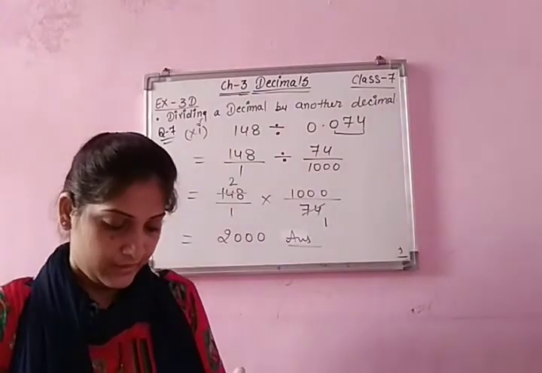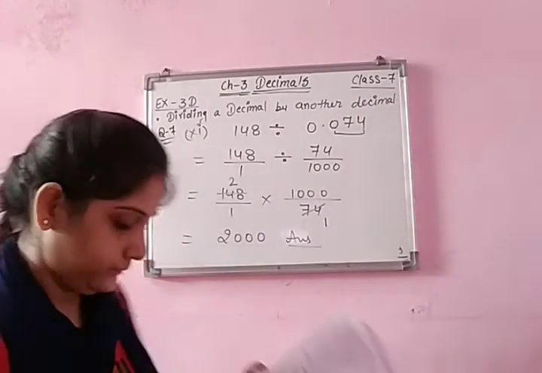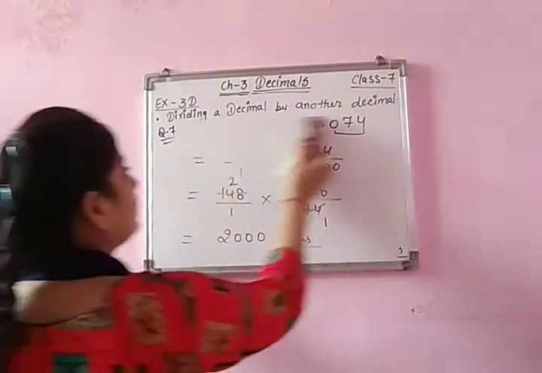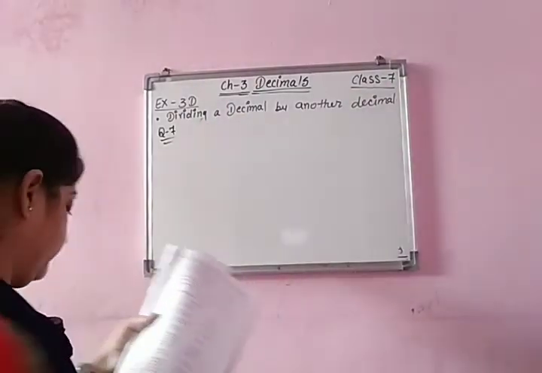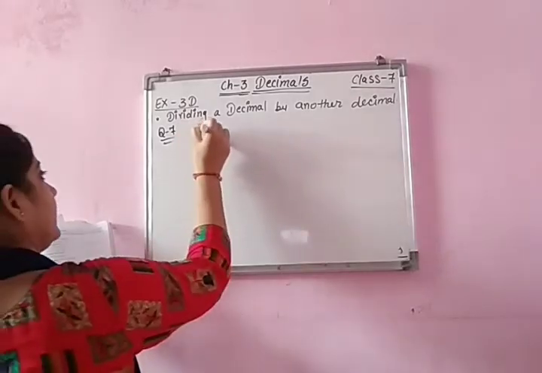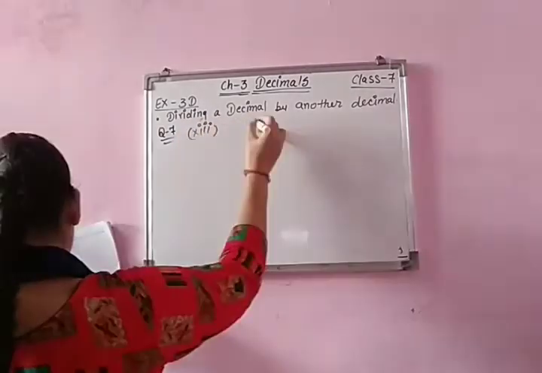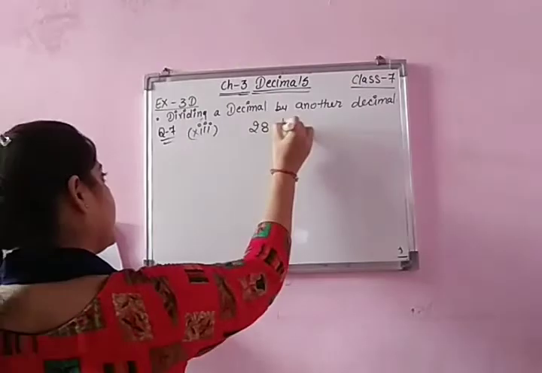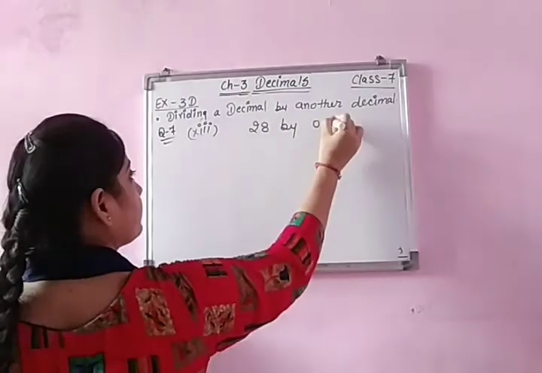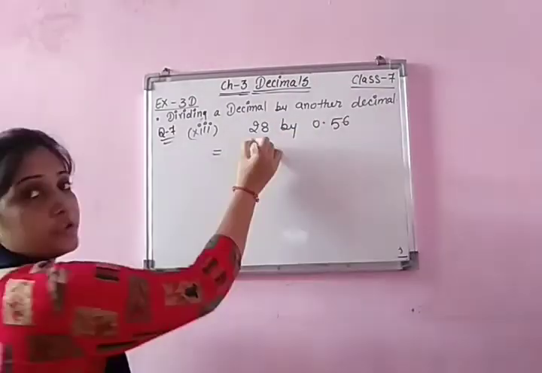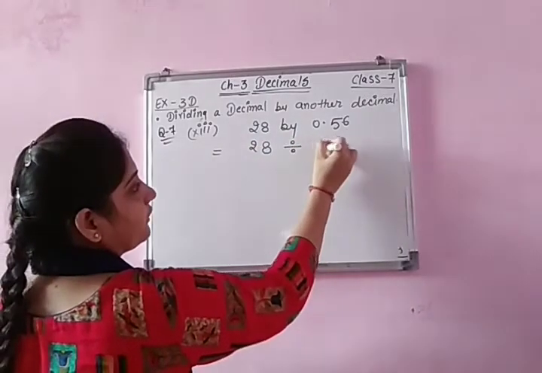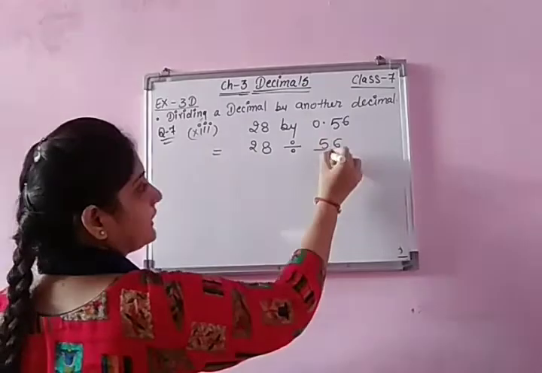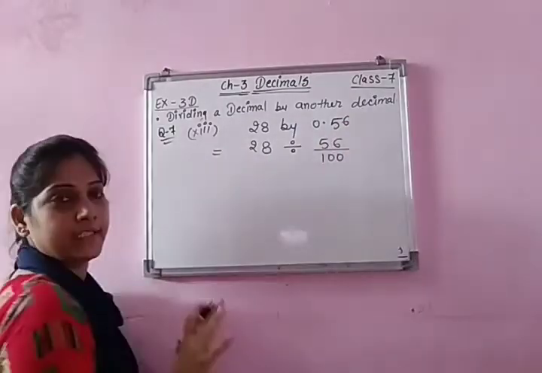Okay. Now 13th part, and then we will do one more of this. 13th. Again, it's quite similar. 28, you need to divide it by 0.56. So 28 divided by, I am writing in fraction, the second one 56 upon 100.